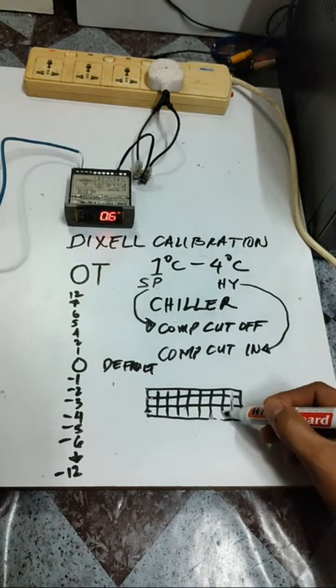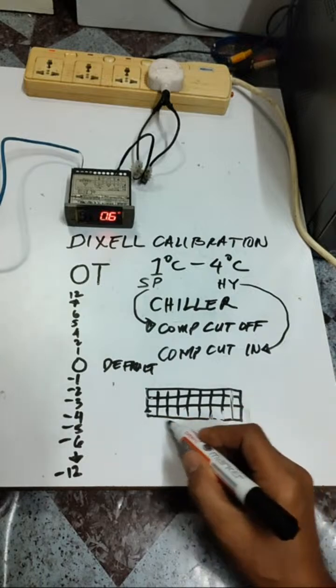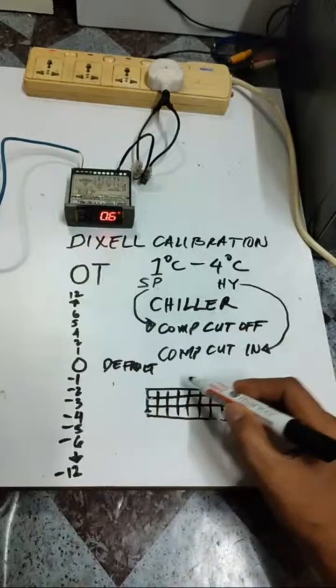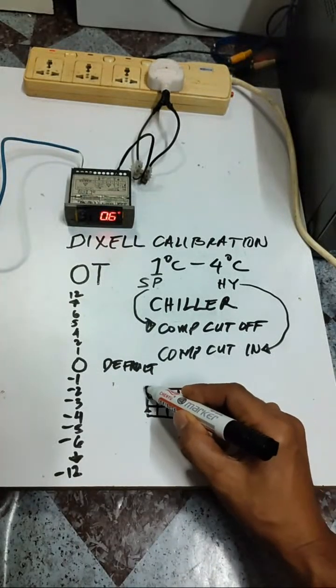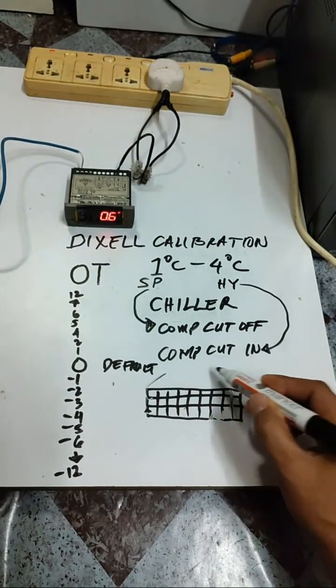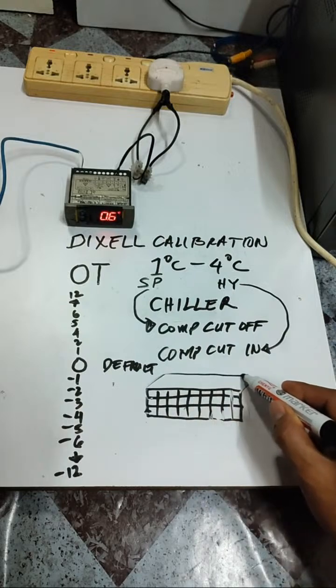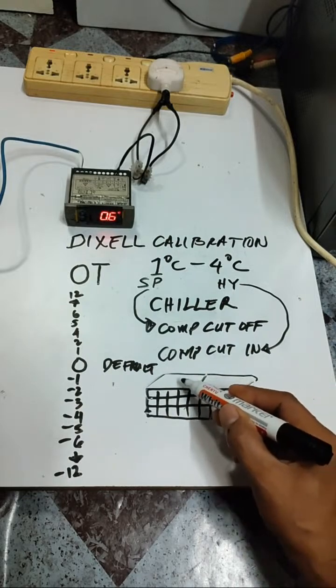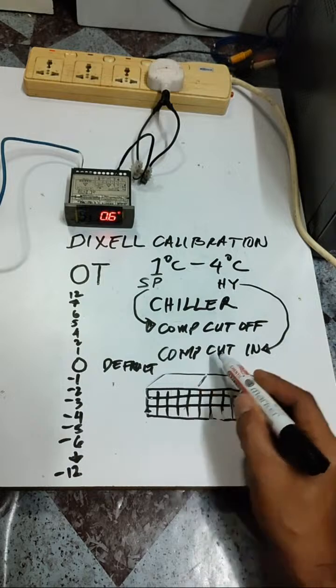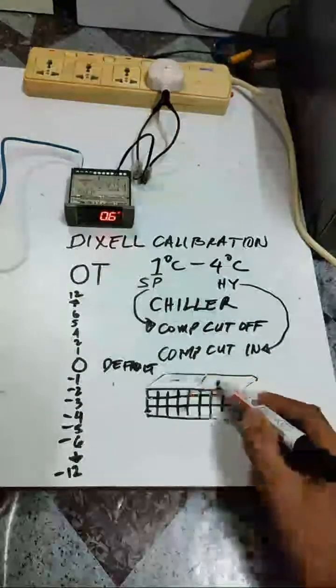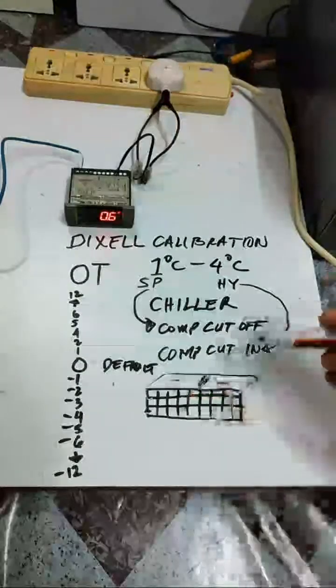There are times that this topping chiller's door is frequently opened. Let's say this is the door, and it has a division, so on top it has a handle there.